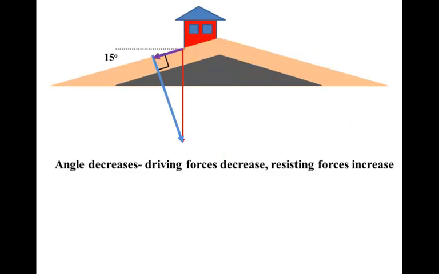Let's see how the relative size of the driving and resisting forces change if we make the slope angle smaller. Let's take it from 30 degrees to 15 degrees. Calculate our resisting forces. Resisting forces are given by the cosine of the slope angle. Cosine 15 degrees is equal to 0.966 times 3 meters of slope times 2,200 kilograms per cubic meter times G, 9.8 newtons per kilogram.